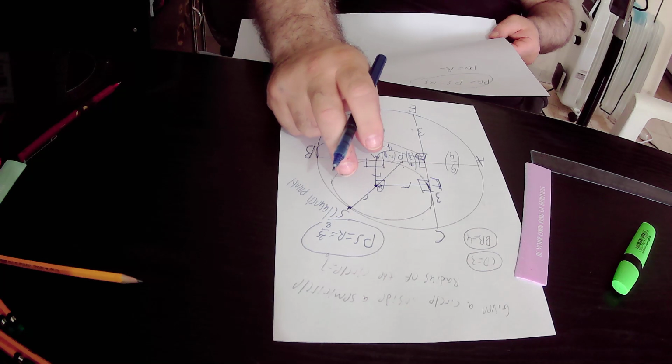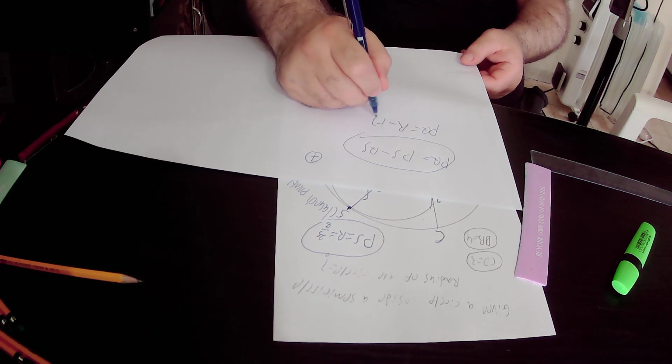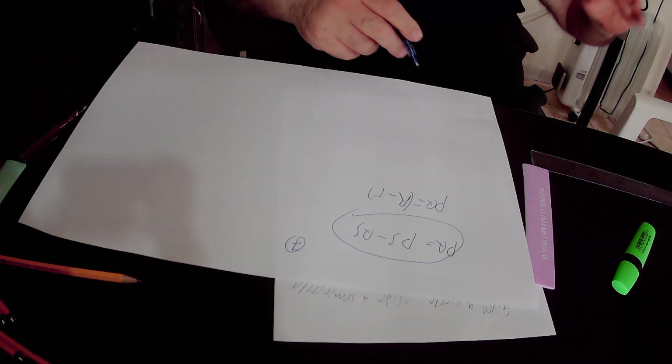And we have already found out that QS equals small r. So in conclusion, PQ equals capital R minus small r.